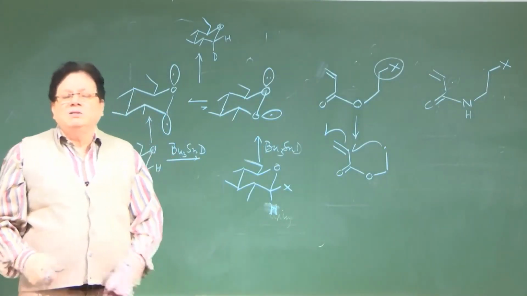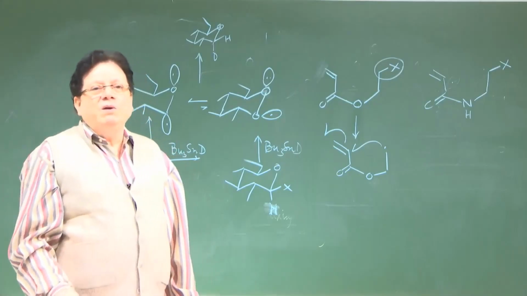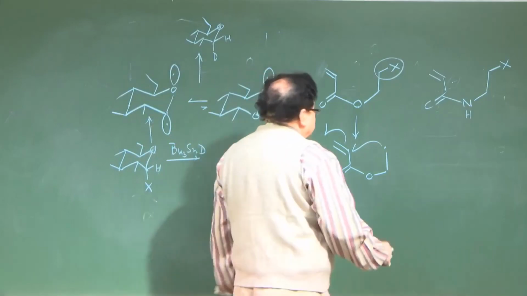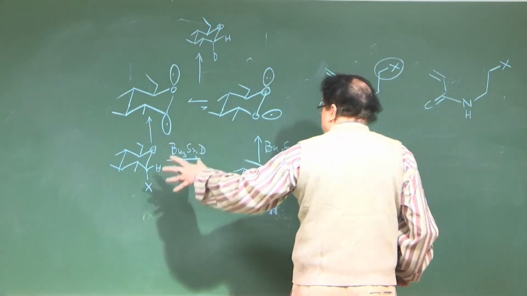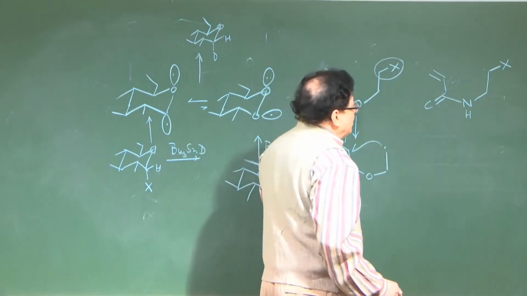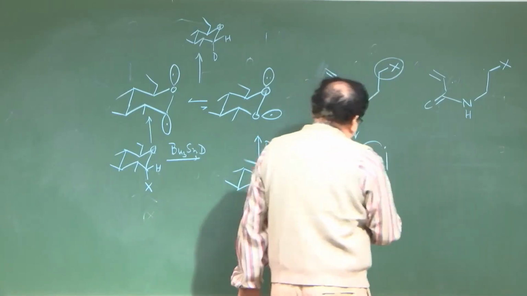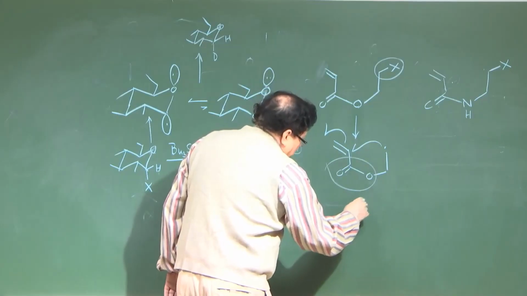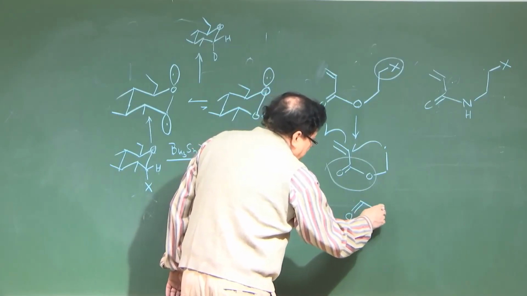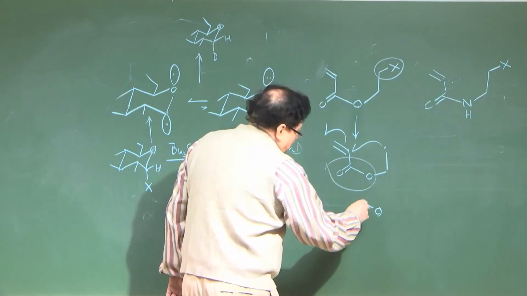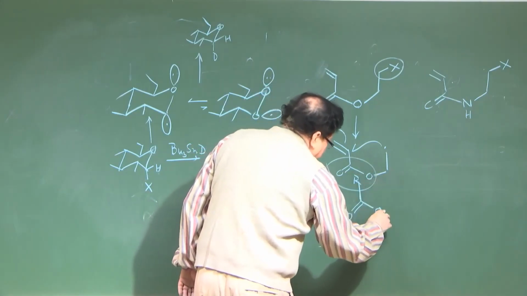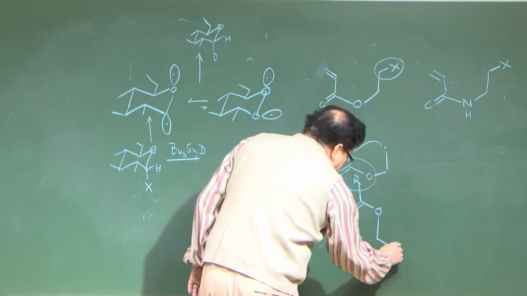However, these reactions usually do not go very well, and what could be the reason? The reason is the same thing, the preference for a particular conformation. See, this is an ester. If you have an ester, we know the preferred conformation of an ester is what? If this is your R1, then this substituent will go on that side.